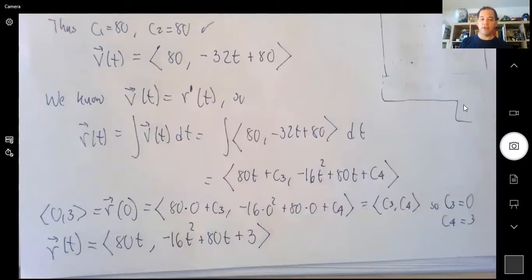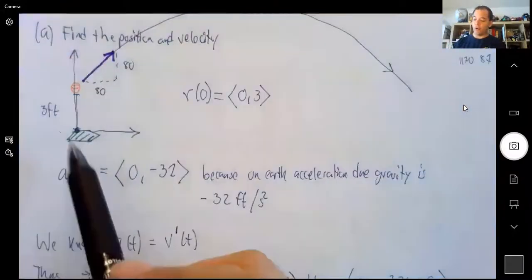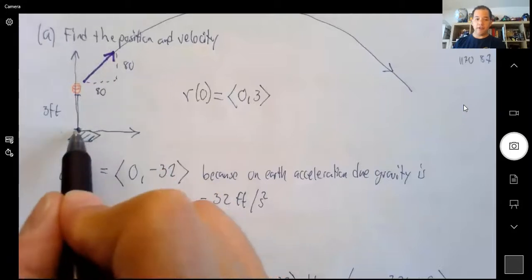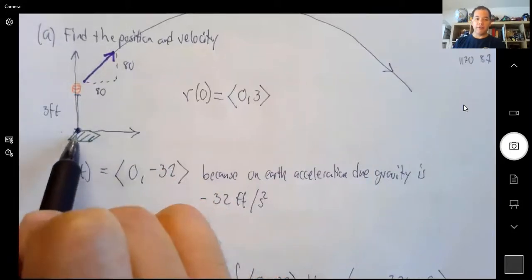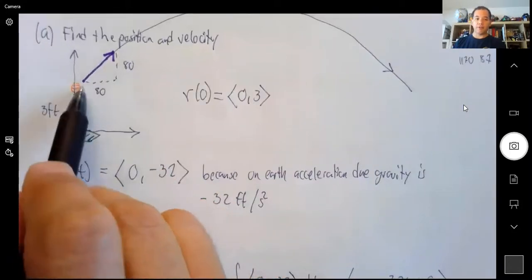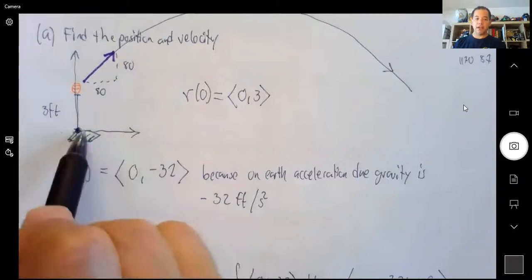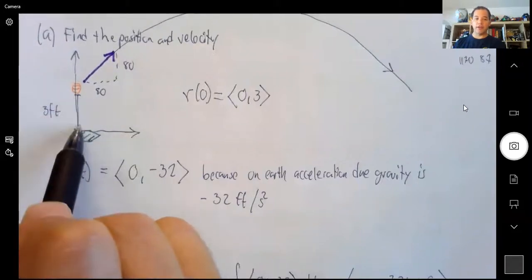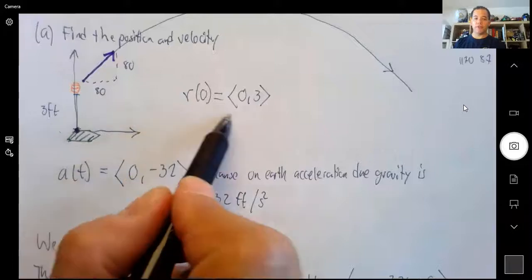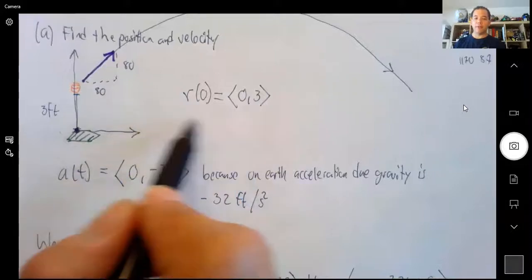And the initial conditions tell me that, let's go back, the initial position of the ball, if this is the origin, it was 0 on the x and 3 units on the y. So the initial position of the ball is 0, 3.